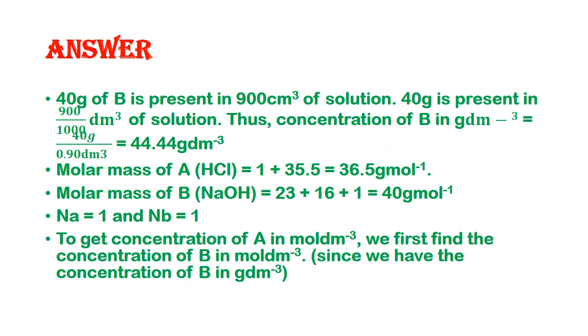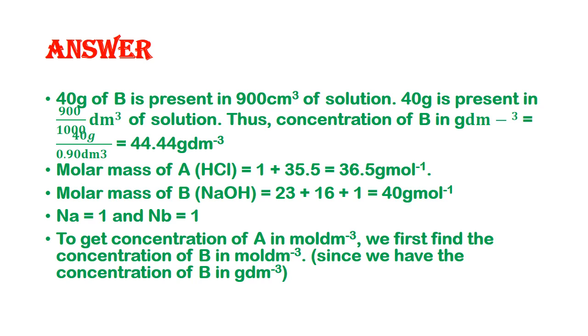Now if you look at the answer, you have 40 grams of B present in 900 centimeter cube of solution. That means they dissolved 40 grams of B in 900 centimeter cube of solution. We have to convert that 900 centimeter cube to dm cube. That means 40 grams is present in 900 over 1000 dm cube of solution.